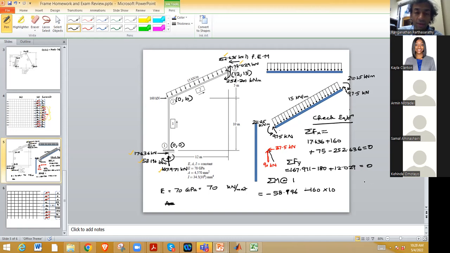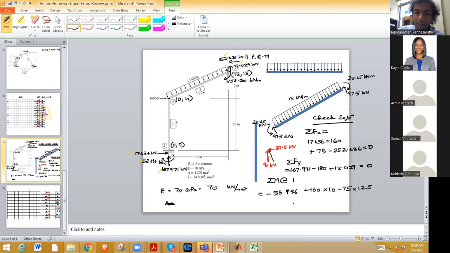Then you have, you can take both of these separately. So the 15, you have 75 kilonewton horizontally. So negative 75 times, for the 75, your lever arm will be 12.5, halfway from here.